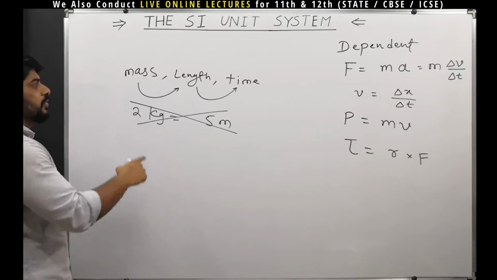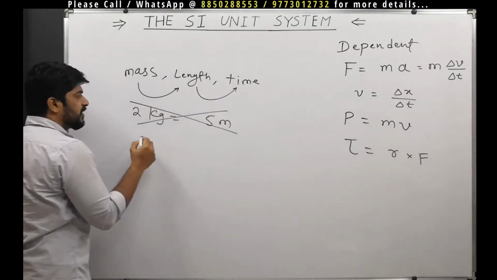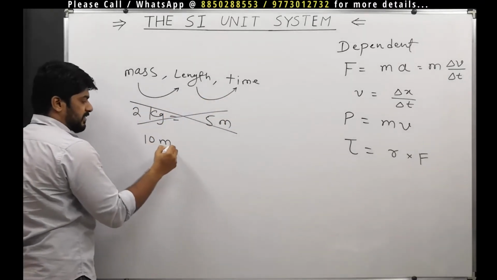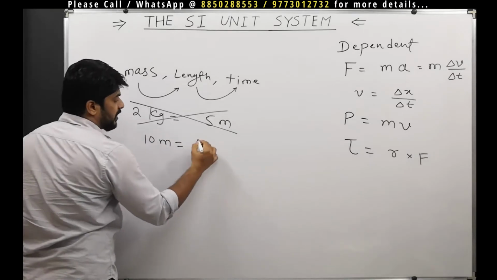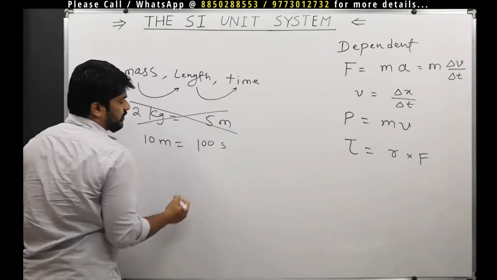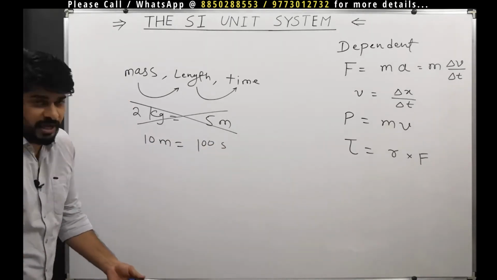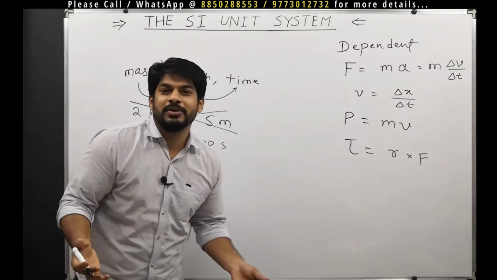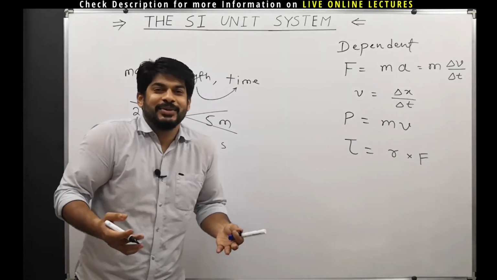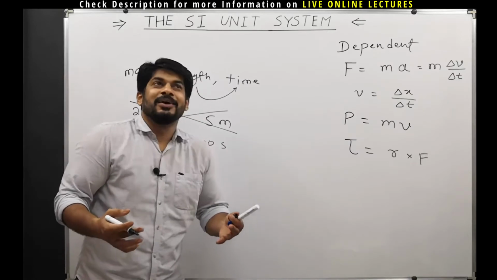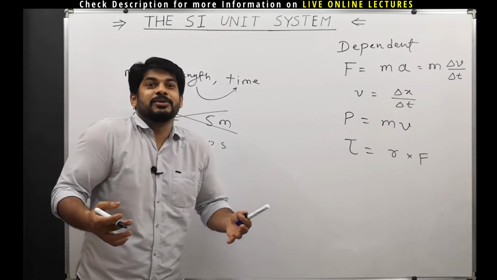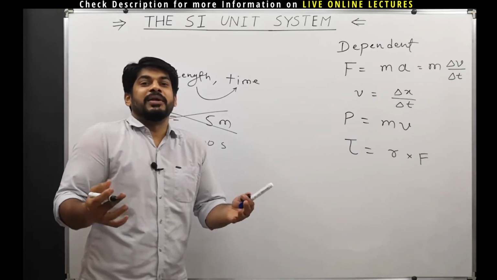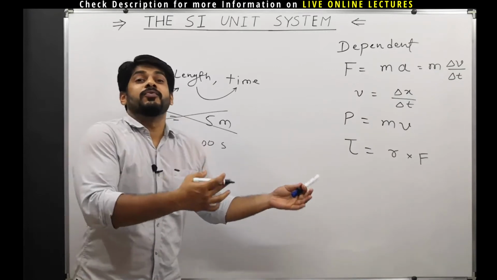We cannot say that 10 meters is equal to, let's say, 100 seconds, isn't it? Can we? Definitely not. Can you really say 10 meters is 20 seconds, or 20 seconds is, let's say, 1 kg?